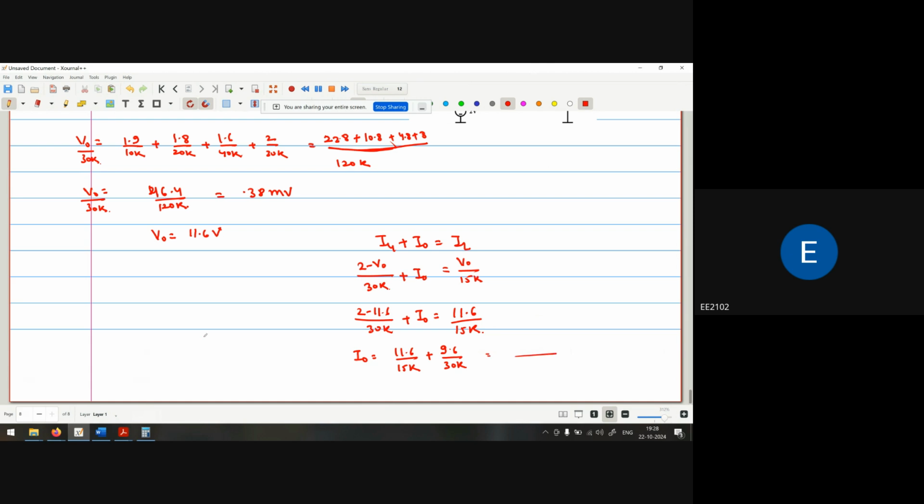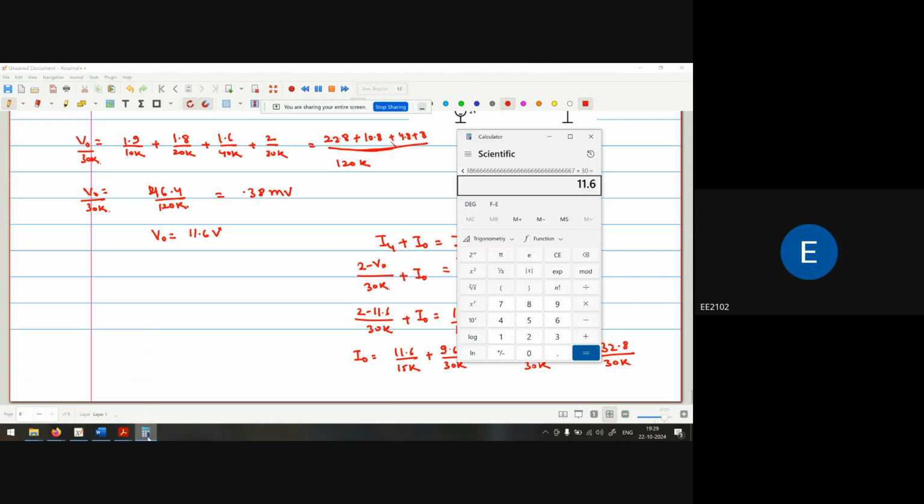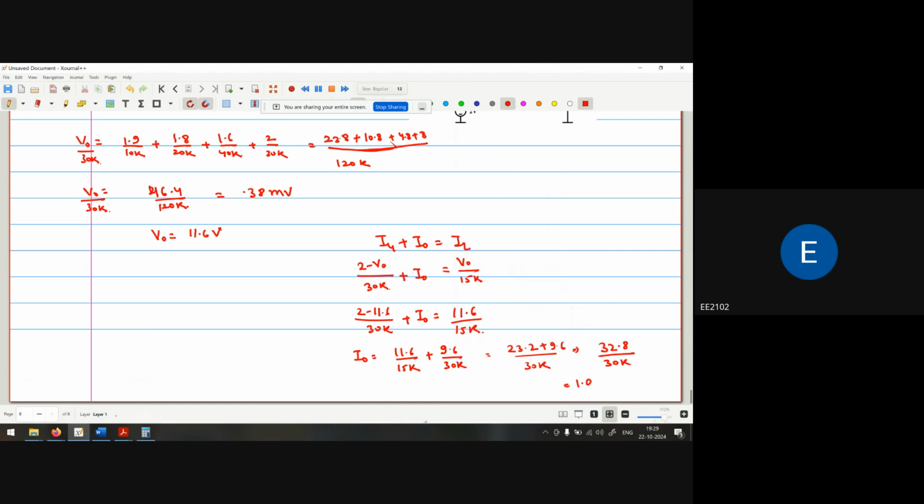Take the LCM of 30K: 23.2 plus 9.6 is 32.8 upon 30K. That is 1.09. Okay, so this is the value.